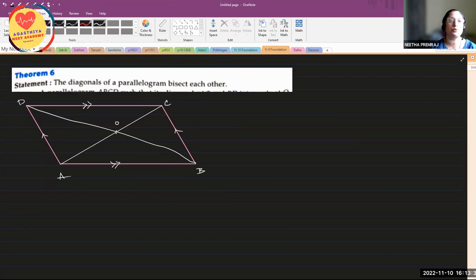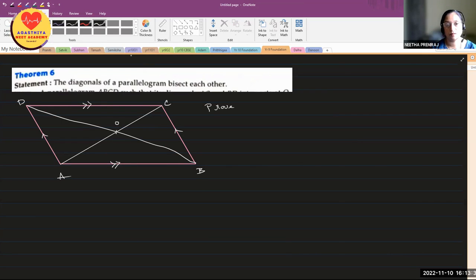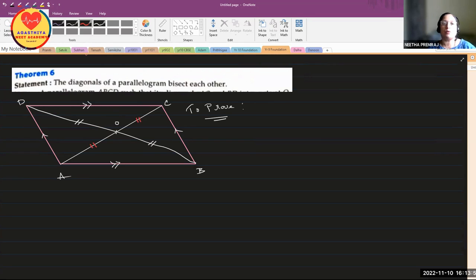Now we have to prove that. What we have to prove? To prove: OD is equal to OB and OA is equal to OC. That is what we want to prove. So what is the idea?